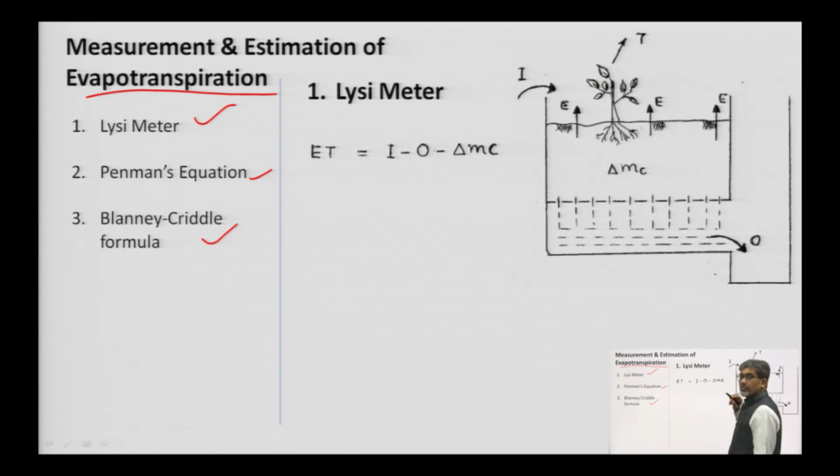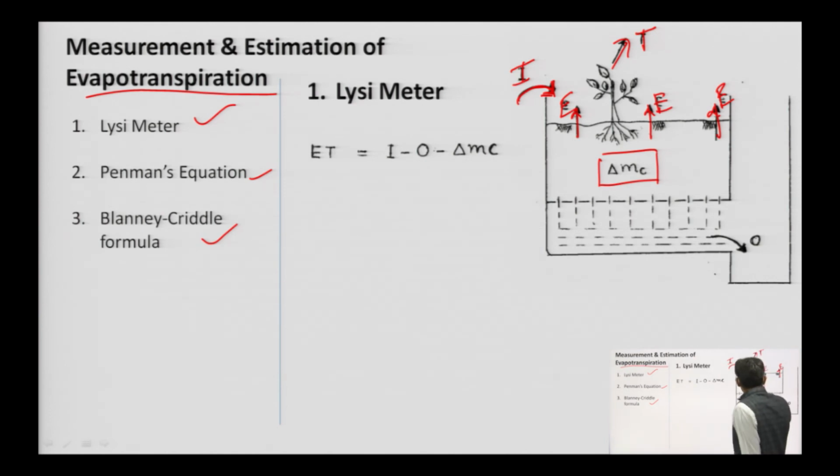Look at this model. Say a certain quantity of water is added, say it is I. In this model, this is the evaporation, a certain quantity of evaporation through soil, and this is the transpiration T. The water added to this plant is changing the moisture of the soil, say delta MC.